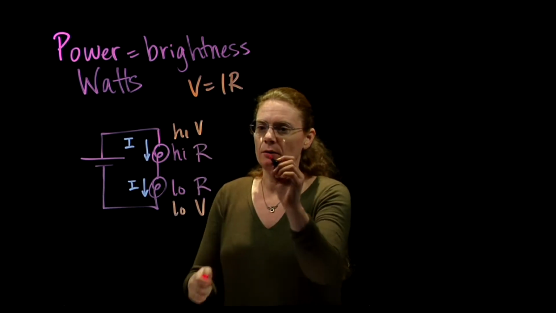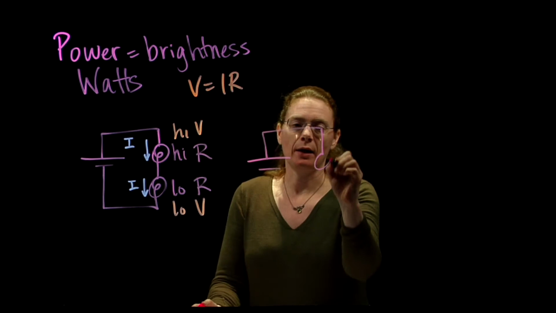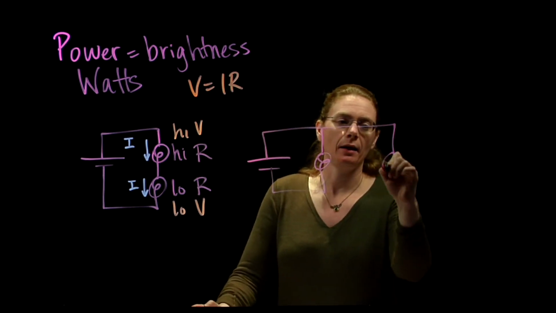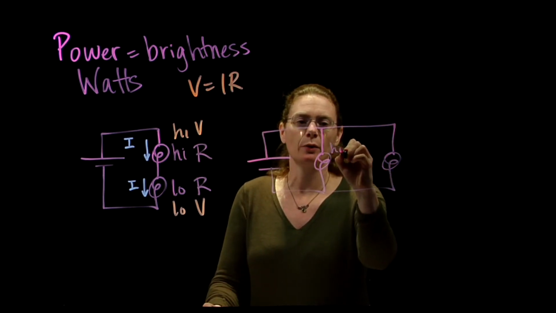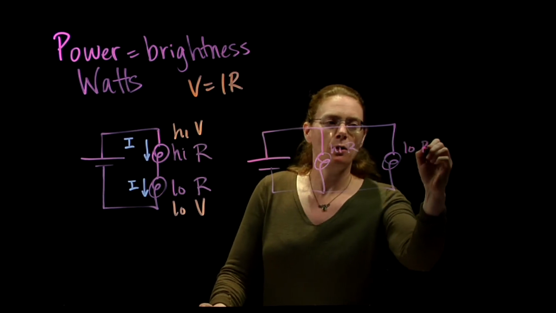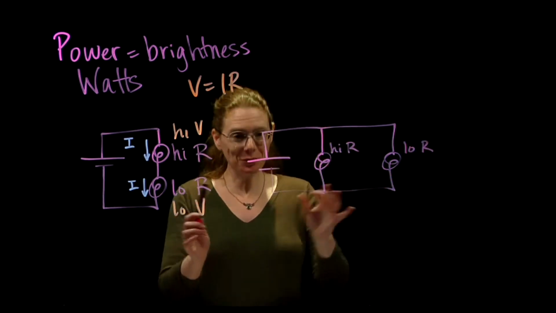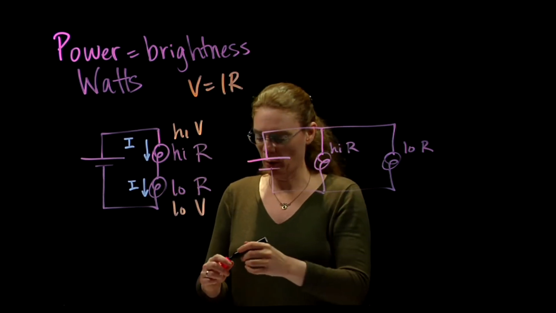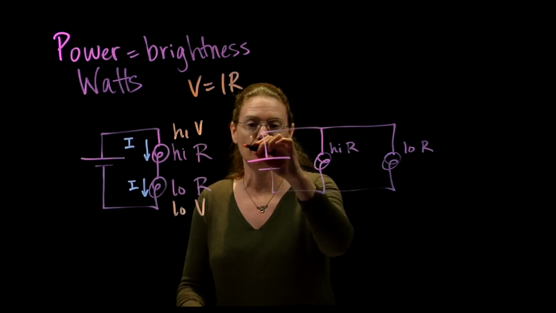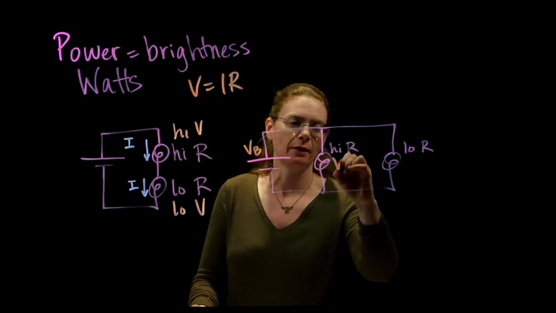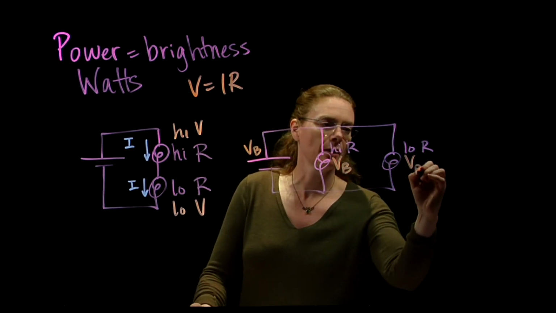Now in parallel, we have a high resistance bulb and a low resistance bulb. So if we have high and low, now remember that in parallel, the voltage is the same. So they both have the same voltage, the voltage of the battery. So if this is the voltage of the battery, it's the same here, same here.